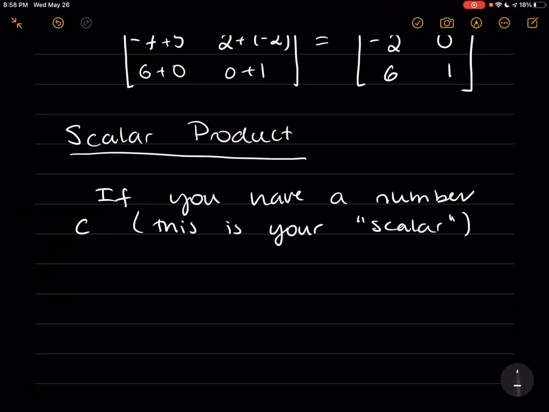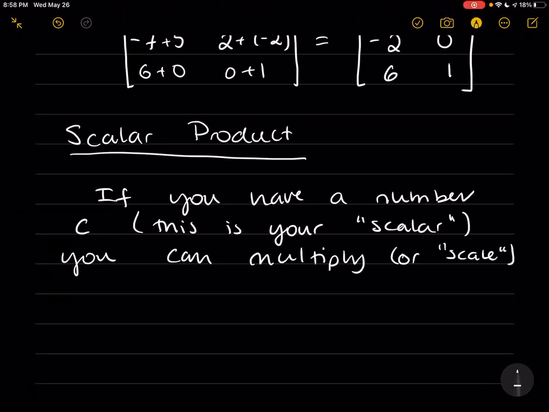You can multiply, or scale, hence the name, a matrix A by C, just by multiplying each entry in A by C.